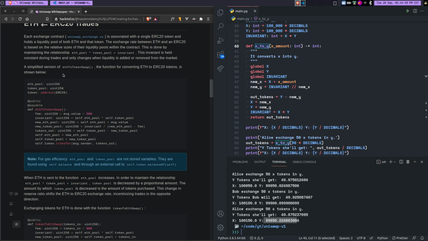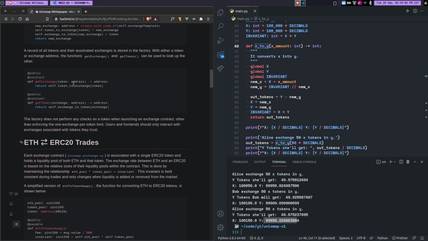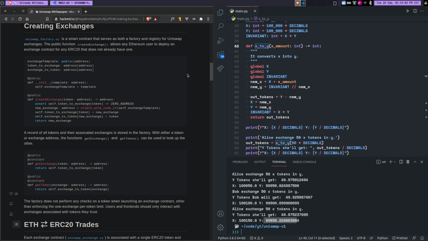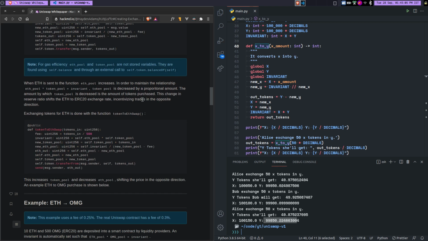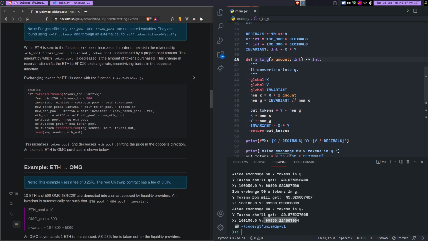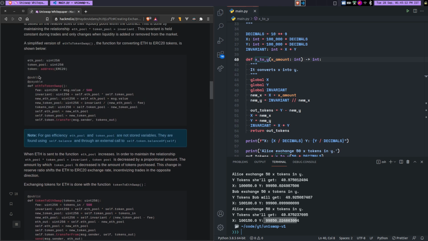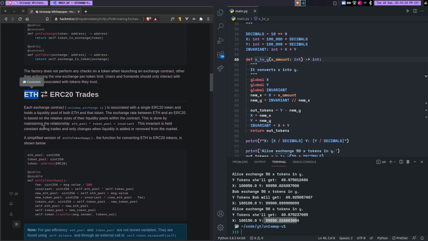Now, in this white paper, they have mentioned one more thing which I need to cover. They are taking the scenario where they are exchanging ERC20 tokens into Ethereum and Ethereum into ERC20 tokens. Ethereum is a native currency and ERC20 tokens can be multiple.